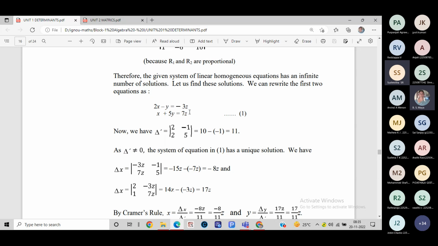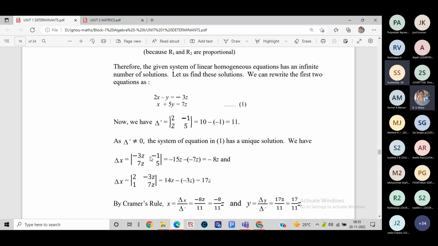That means I will get x and y. We should find delta x. What is delta x? Replacing the first column by D1. What is D1? Minus 3z. You should write it completely. Don't leave out z. D should be the complete term of the RHS. Minus 3z. What is D2? 7z. Then minus 1, 5.